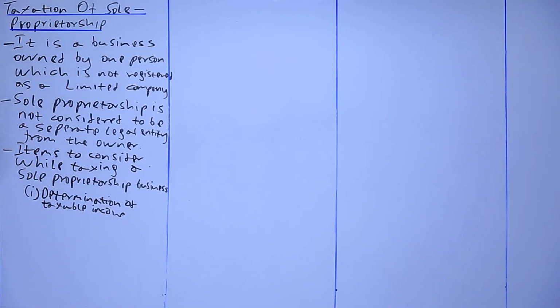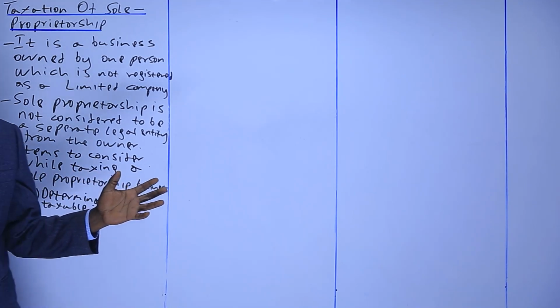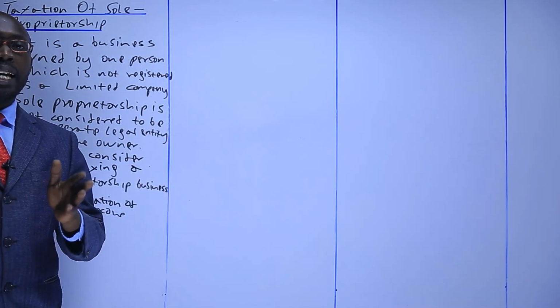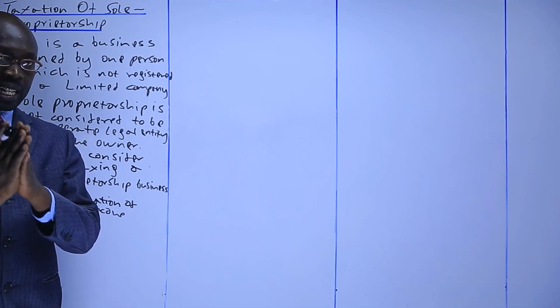So, how do you determine the taxable income of a sole proprietorship? We had said, when you are starting on the taxation of the business, that any business is taxed on the taxable income.